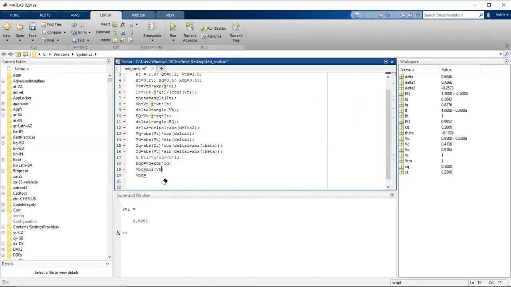Absolute of VB cosine delta. Okay, so then same thing, absolute of VB into sine delta. So that is our VBD. So VBQ, VBD is done.